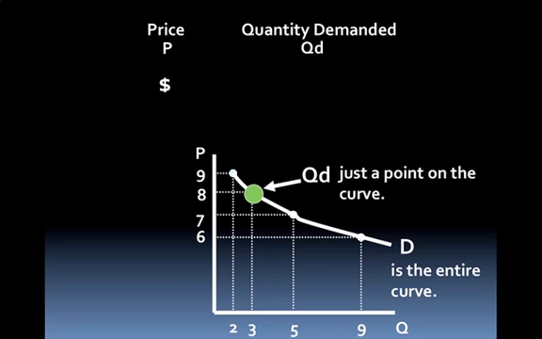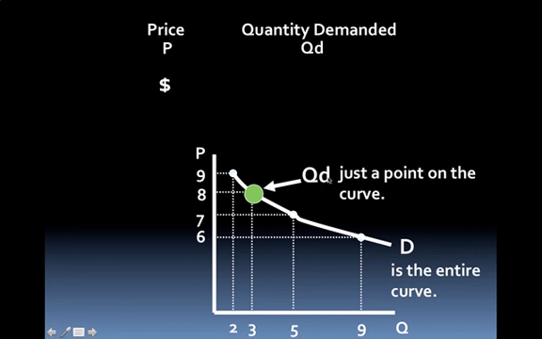So quantity demanded is just a point on the curve, just somewhere on the curve. So at $8.99, that's going to be a quantity demanded. At $8.98, that's going to be another quantity demanded. Really, the demand curve is made up of a whole bunch of little bitty quantities demanded. They're going to be different quantities demanded.